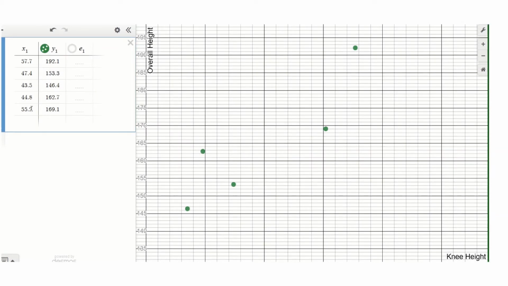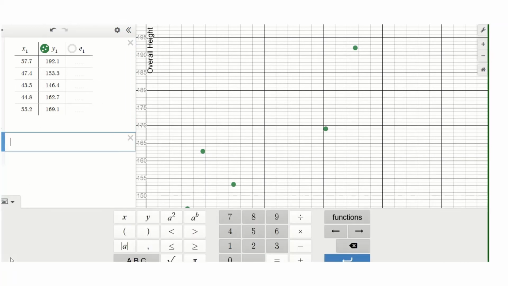We have the two sets of values x1, which is our explanatory variable, and y1, our response variable. We are trying to find the relationship between the two variables, for which the scatter plot is given here. We would like to get a regression line of x1 and y1.